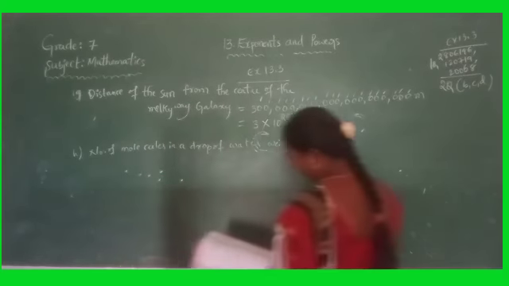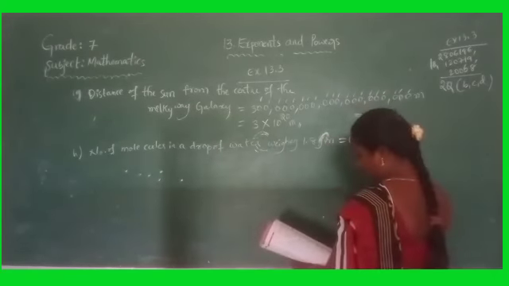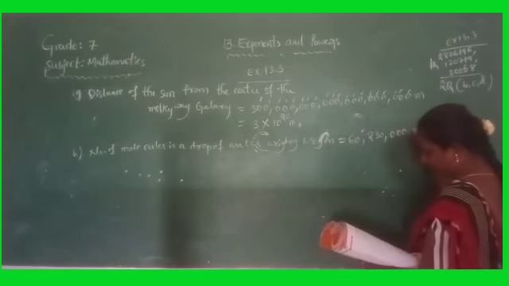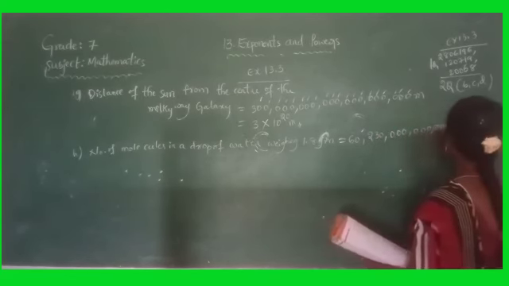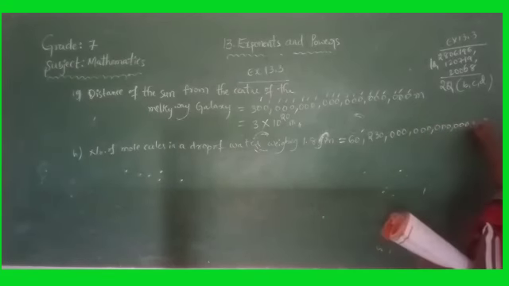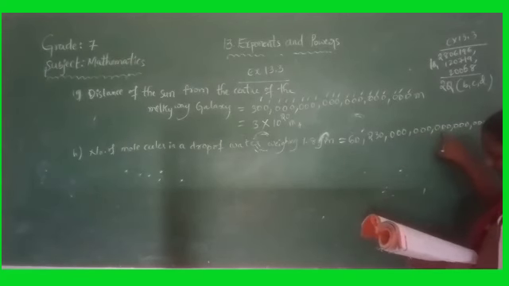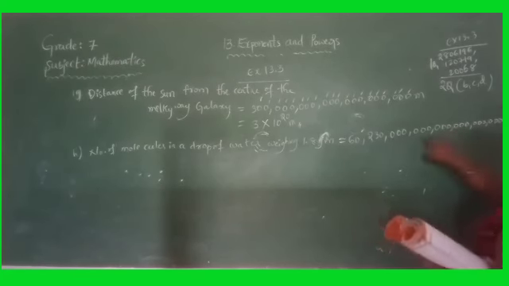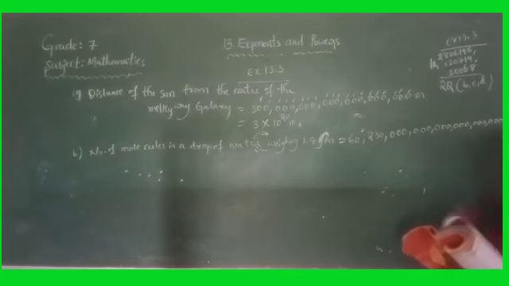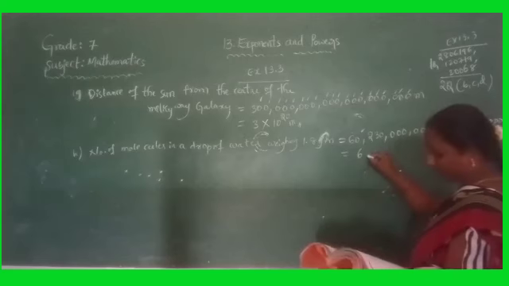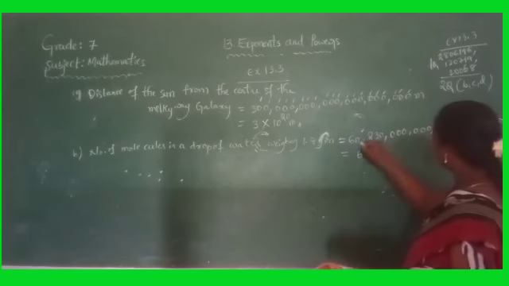So what is the number? 60230 and then zeros. So how many zeros? 1, 2, 3, 4, 5, 6. Now we have to write this number in the standard form.